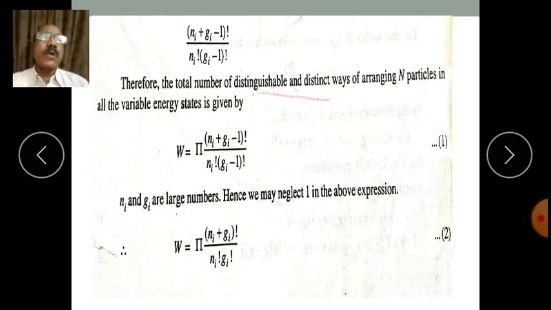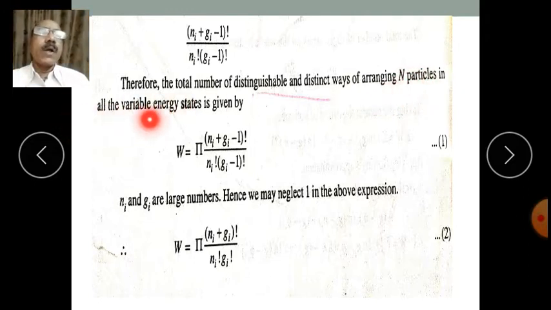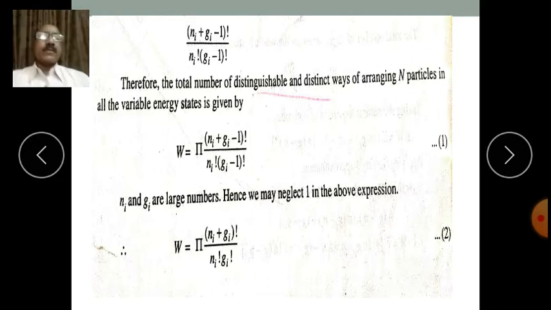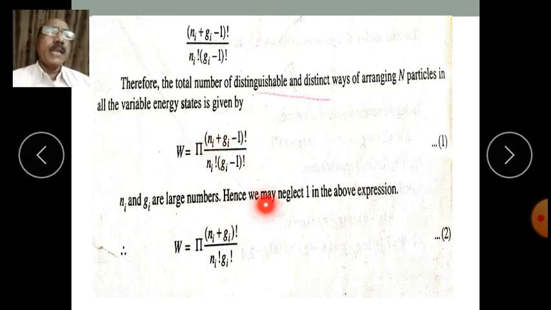So therefore the total number of distinguishable and distinct ways of arranging n particles in all the variable energy states is given by W is equal to the product over i of (Ni plus Gi minus 1) factorial divided by Ni factorial into (Gi minus 1) factorial. Here, Ni and Gi are large numbers. The number is very large, 10 to the power 28 suppose, isn't it?